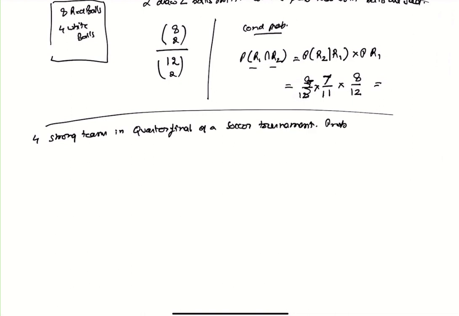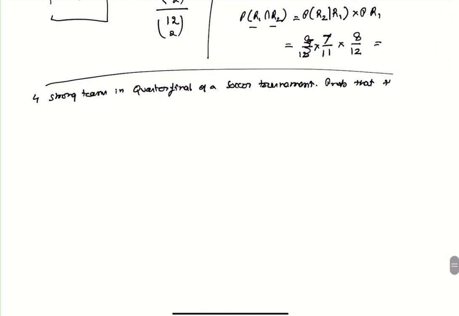What is the probability that they will not play with each other? So there are obviously 8 teams total, right? So there are teams A, B, C, D, and the other teams are E, F, G, and H.